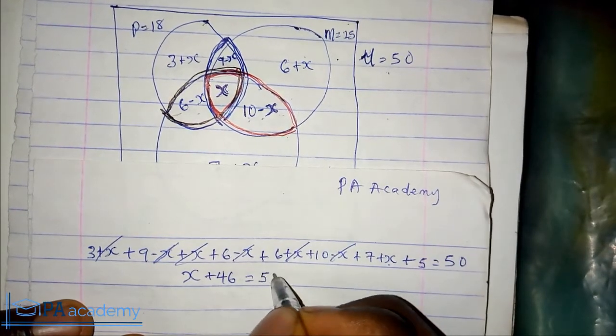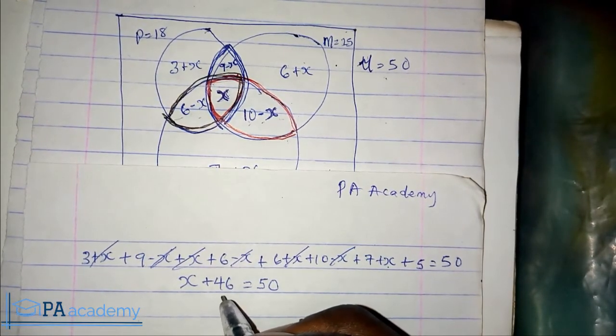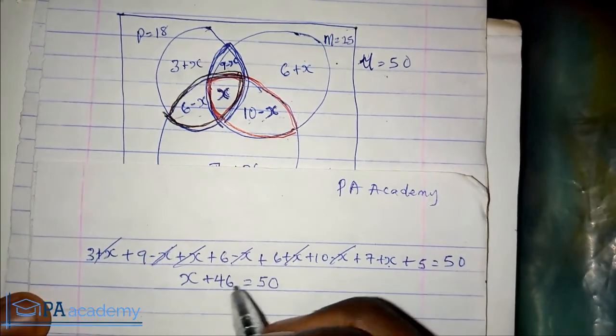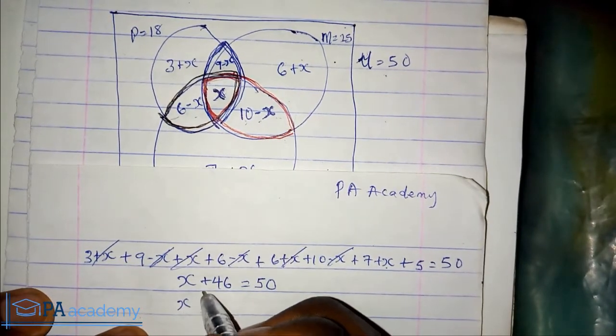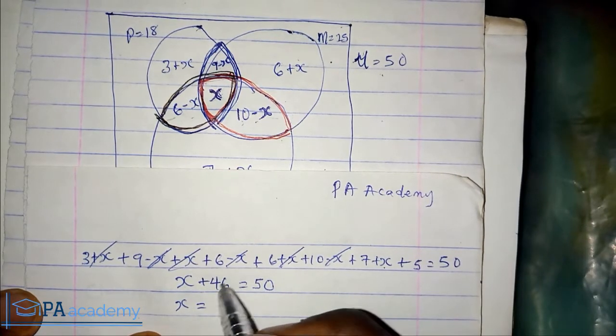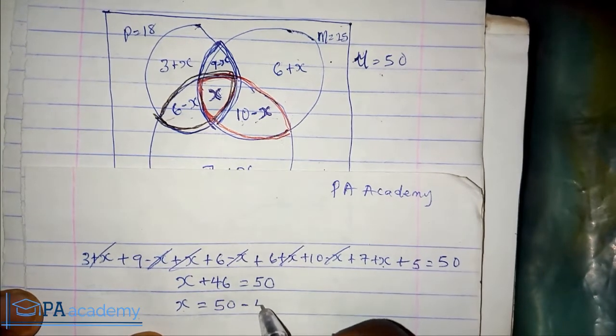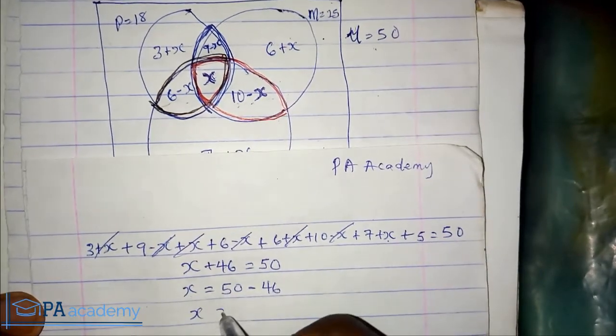So if we minus 46 from both sides, x is equal to 50 minus 46. So our x is equal to 4.